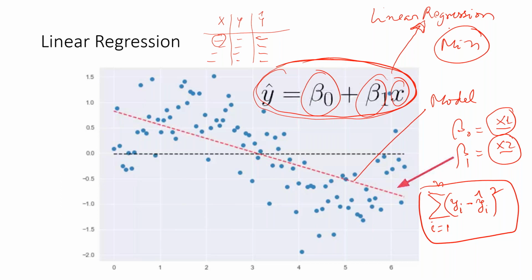It searches through the space, many lines are possible, but it stops at the line where this value is the minimum, and it tells us: I fitted your model using a slanted straight line, and for the best fit line, this is the beta 0 and this is the beta 1.